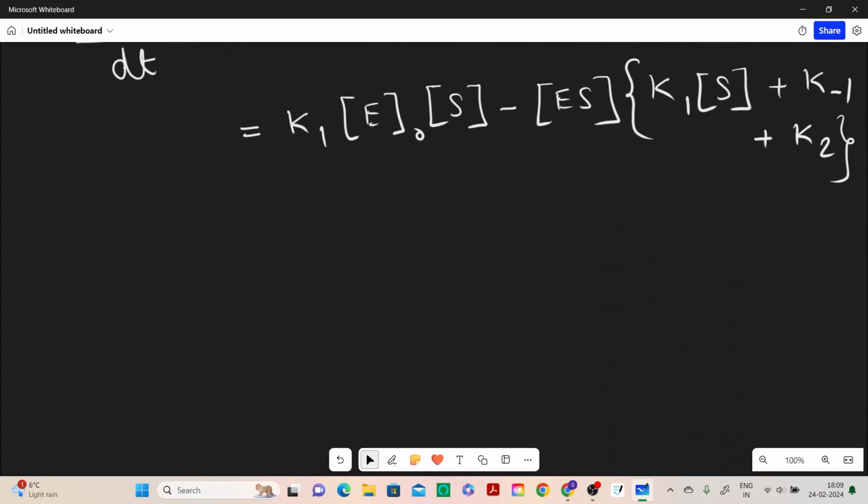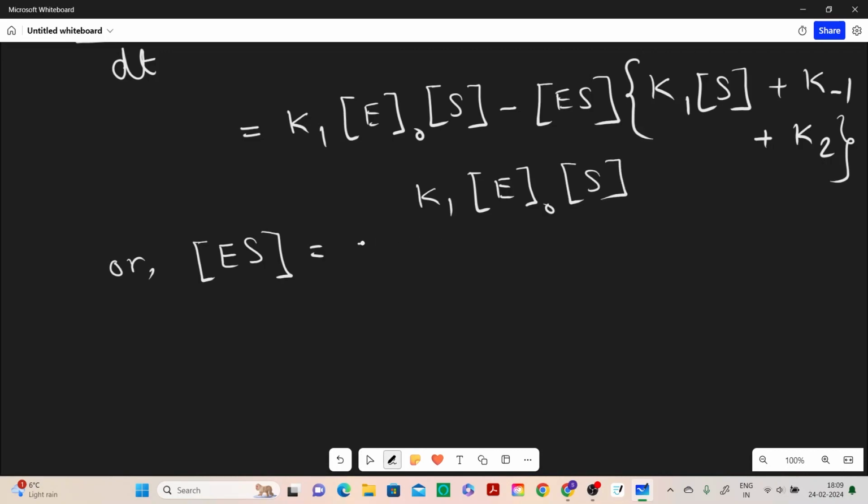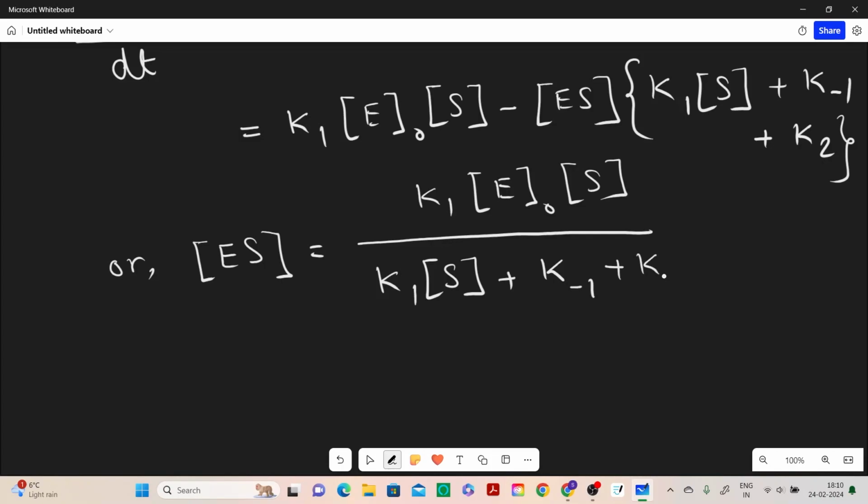Or we can take the ES to the other side of the equation and write ES is equal to K1 into E naught S by K1S plus K minus 1 plus K2.